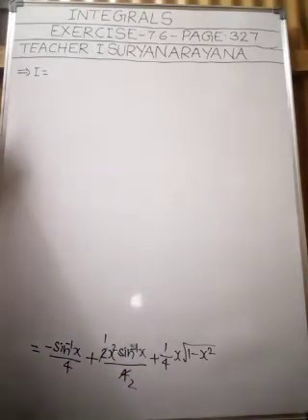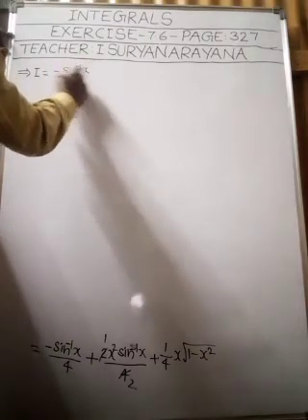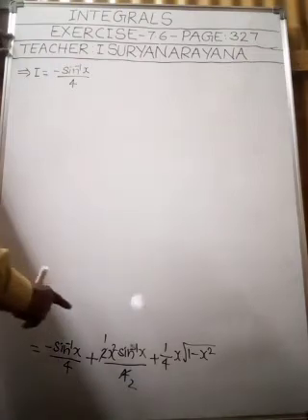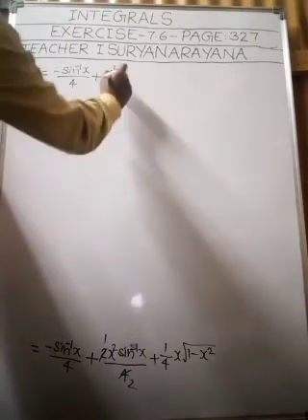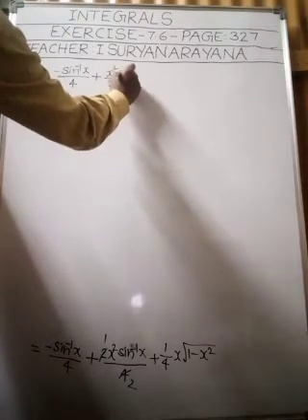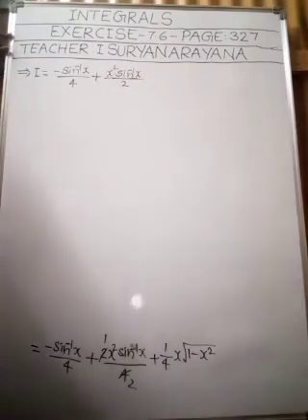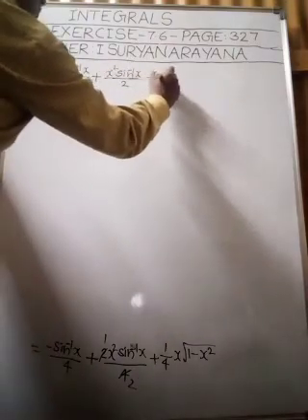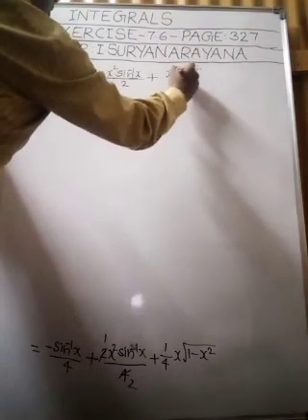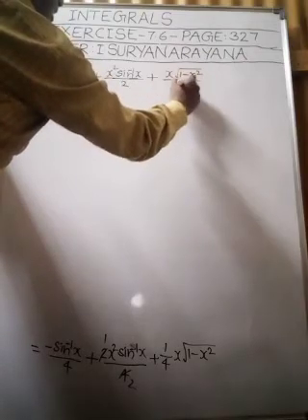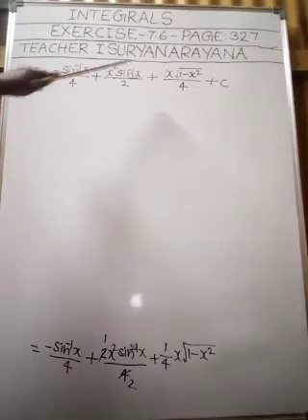This implies I is equal to minus sin inverse x by 4 plus x square sin inverse x by 2 plus 1 by 4 x root of 1 minus x square, that is x root of 1 minus x square whole divided by 4, plus c, because the simplification part is also over.